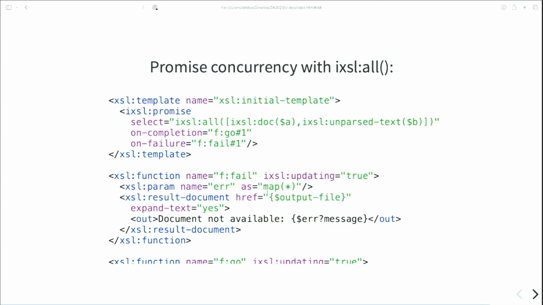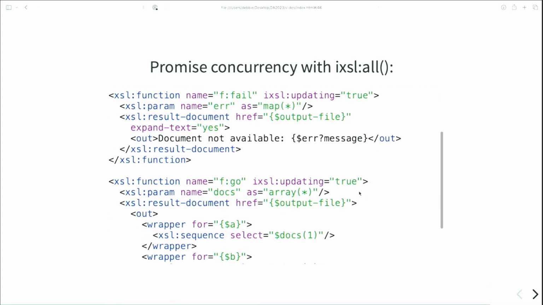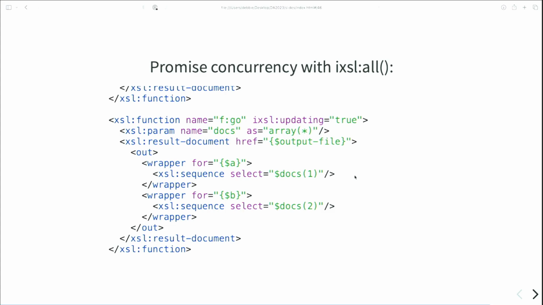The error object is represented as a map, and there are various details about the error that you can then access, the message, the code, the name, probably, that kind of thing. And it shows something you could do with that. And if it's successful, this is just an illustrative example, we're just combining both of our resources into one document here.